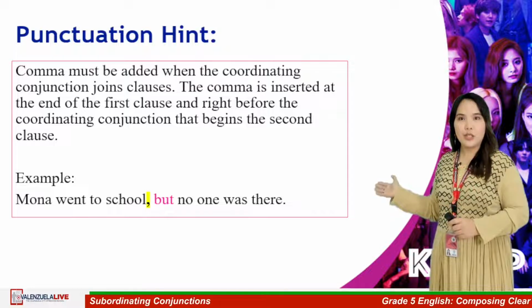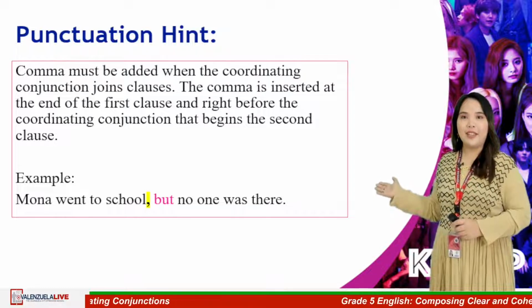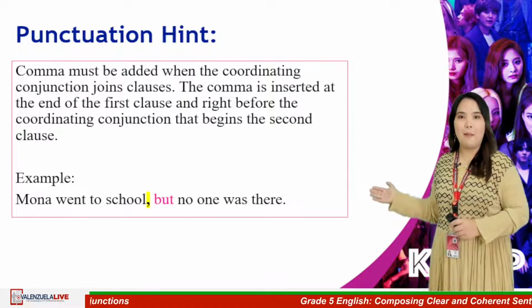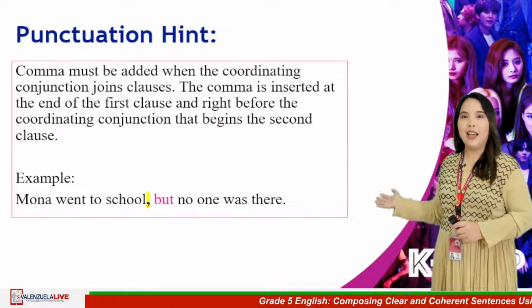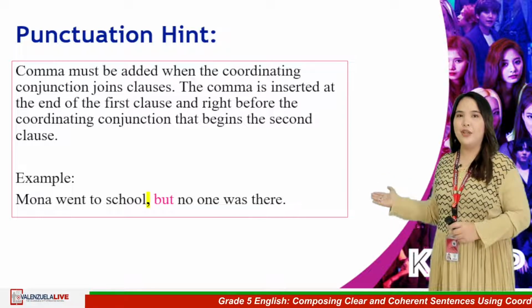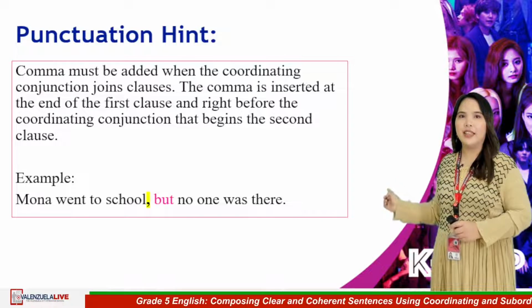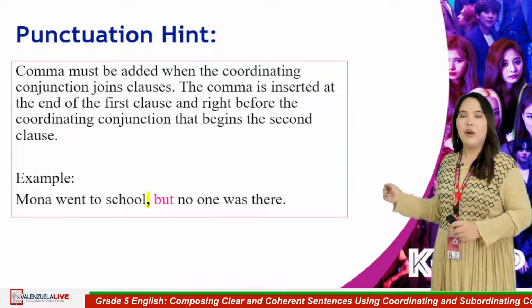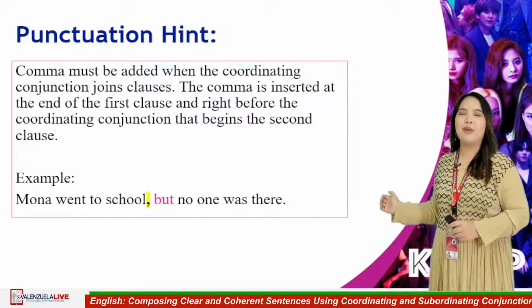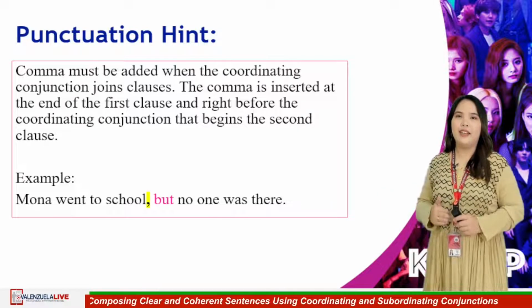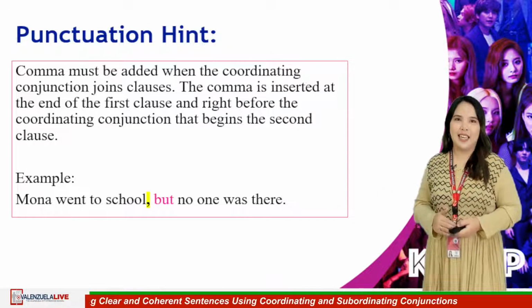Mona went to school. Right after that clause, we are going to add a comma, and then you need to write the coordinating conjunction followed by another clause. So we need to insert a comma at the end of the first clause and right before the coordinating conjunction that begins the second clause.